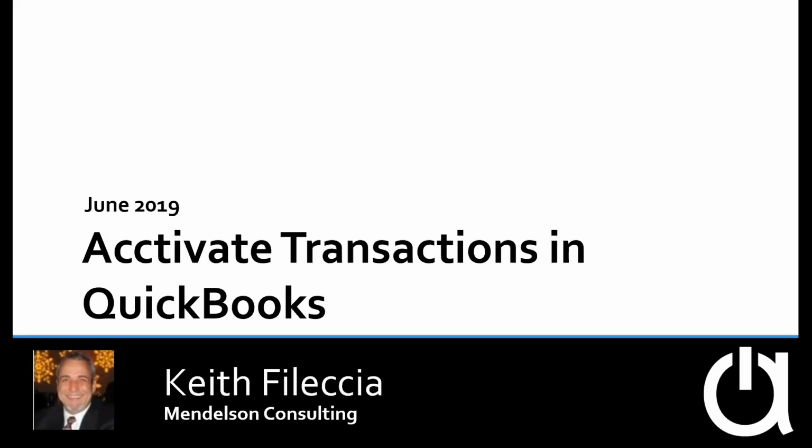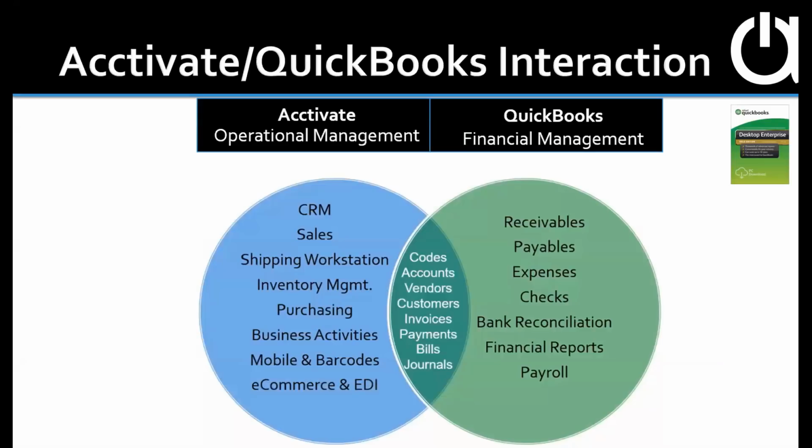The way I like to describe it is Acctivate becomes your operational software. It's your subledger. It is where all the transactions happen, and QuickBooks becomes just strictly financial software. Now, everyone's probably seen this slide in the sales presentation, but Acctivate really manages everything to do with inventory.